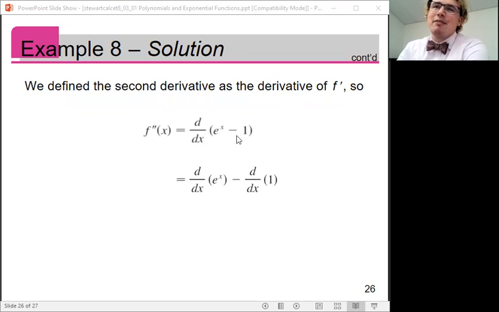So this is the derivative of e to the power x minus the derivative of the constant 1. Constants have 0 as their derivative, and the exponential function has itself as its derivative. So my f double prime here would be e to the power x.